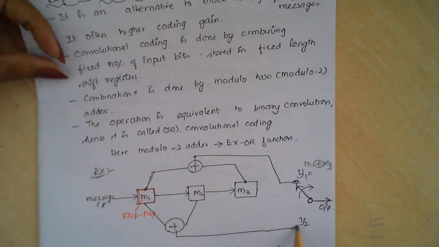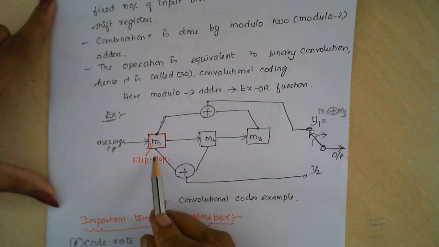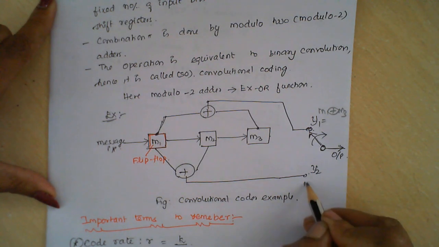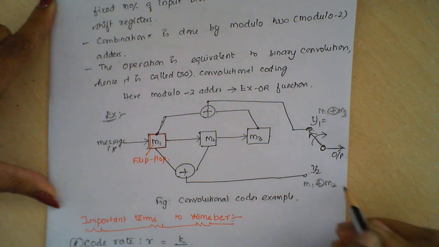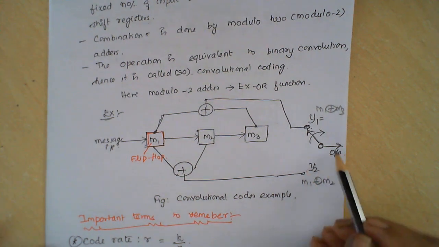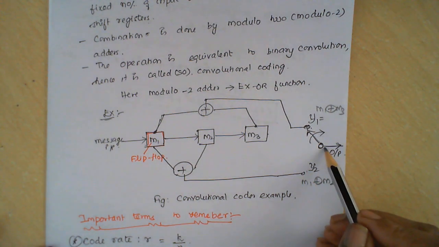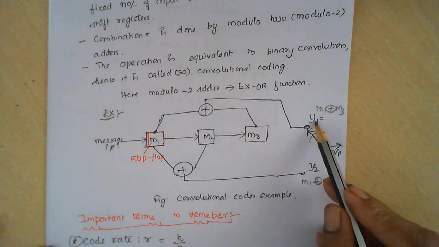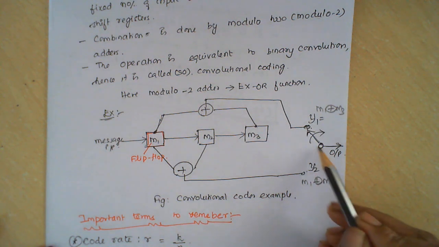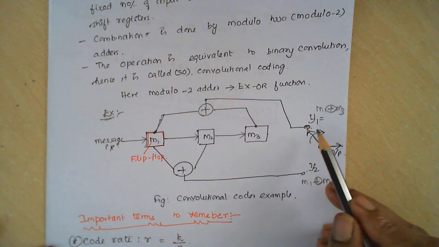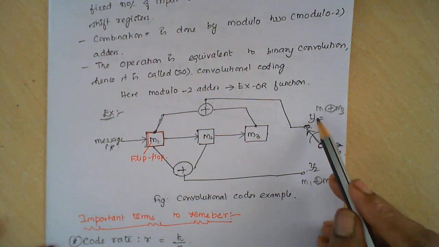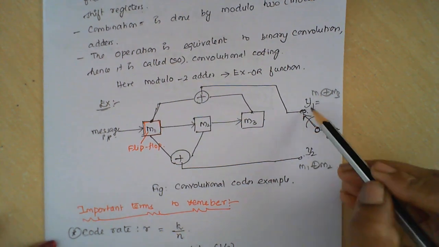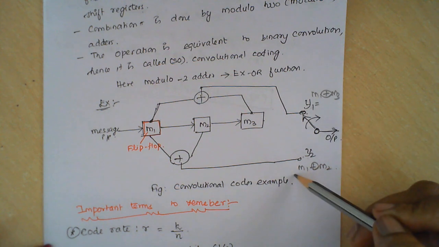Whereas for the Y2 output, the addition is given by M1 XOR M2. So this is how the output is obtained. The output can be shifted between Y1 or Y2. This is done by the switching operation, based on whether it is connected with Y1 or Y2.